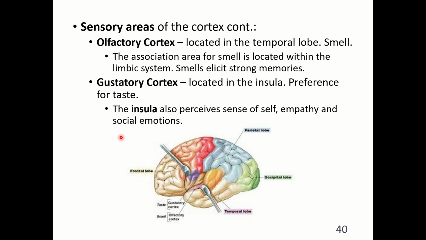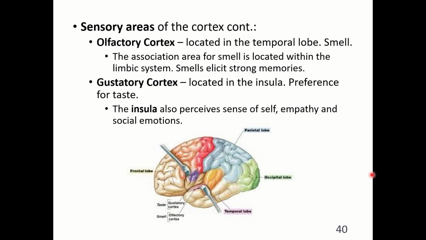The insula will also perceive your sense of self, your ability to empathize or put yourself in another's shoes, and your social emotions. So it's like your social area of the brain, your preferences for food and beverage, as well as your sense of self, your ability to empathize, and your ability to perceive social emotions and your social grace.